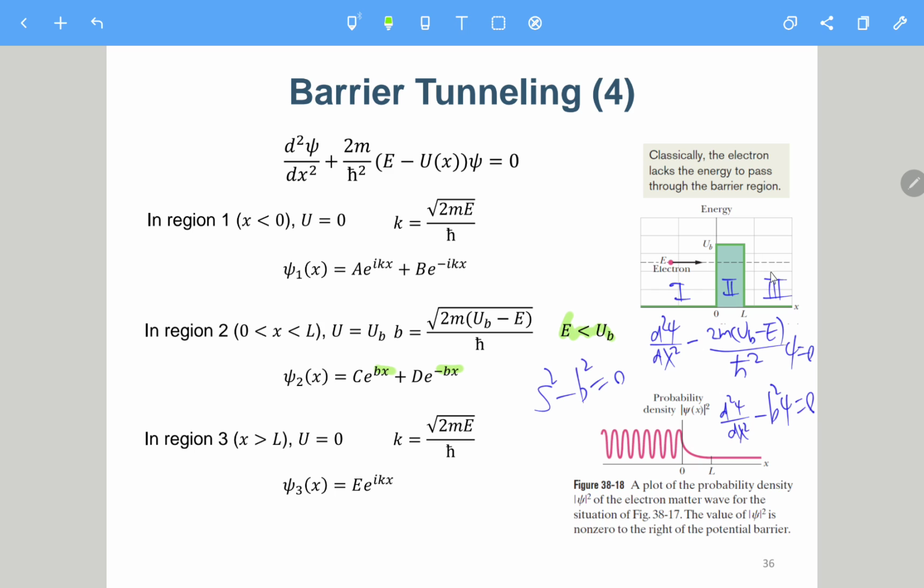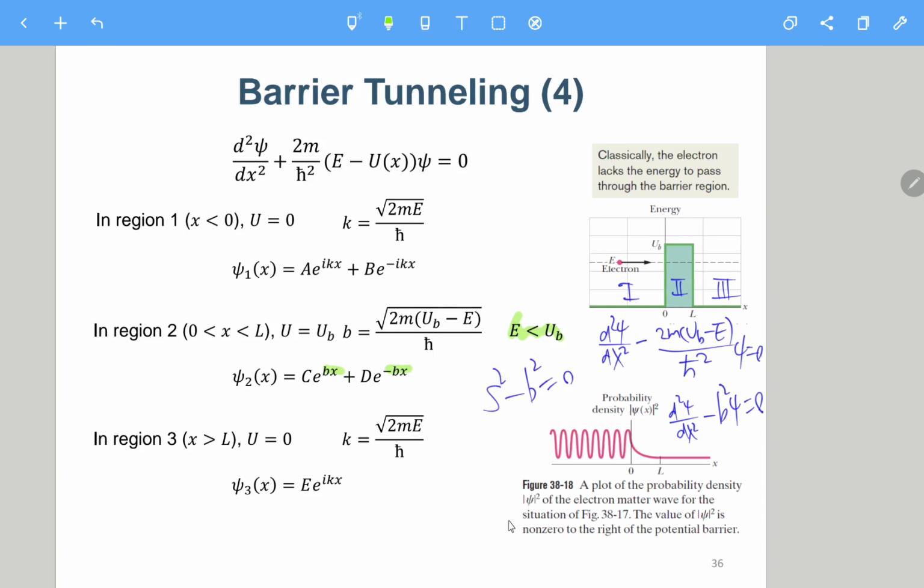So we have phi 3 of x equals E times exponential to ikx, without the negative exponent term. So we have phi 1, phi 2, phi 3 for region 1, region 2, region 3.